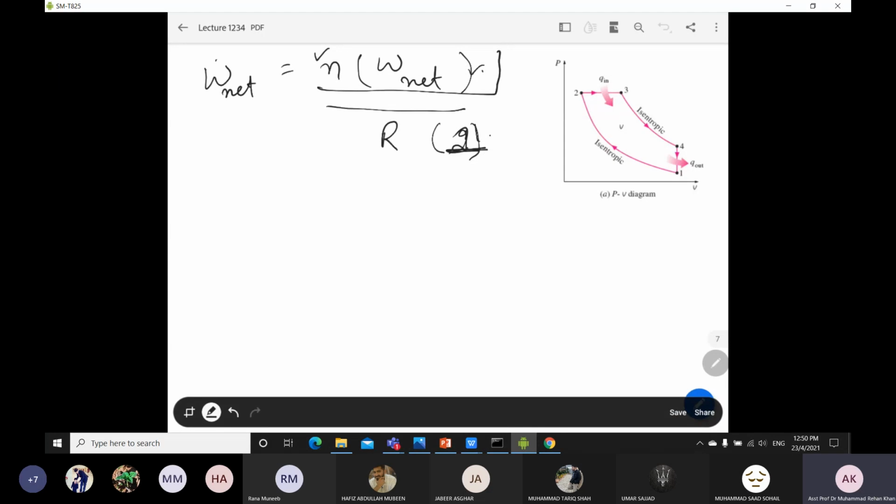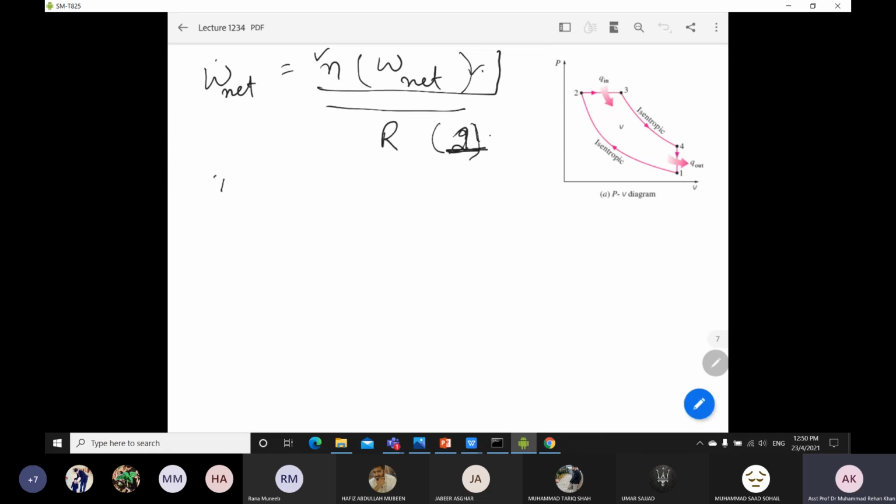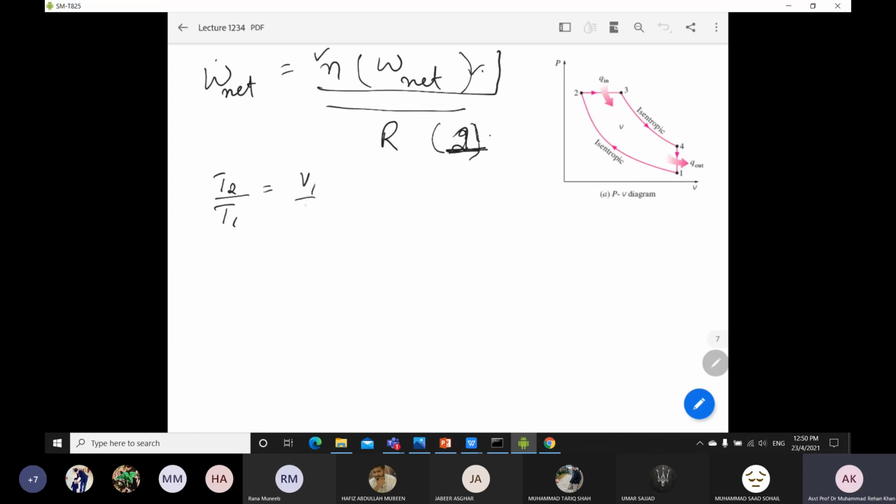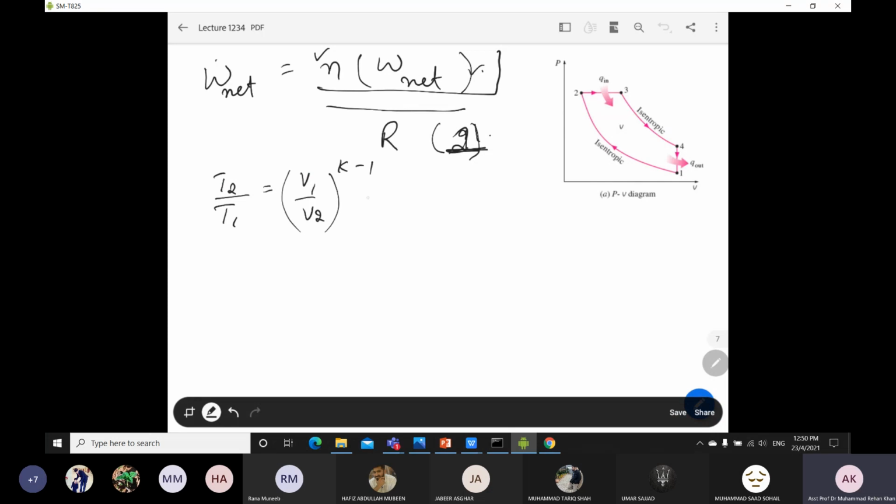Okay, so starting again, we have to find the temperature at all the states in order to find q in and q out. So we have to apply the isentropic equation for the isentropic process between 1 and 2, and it turns out to be v1 over v2 to the power k minus 1, because we are interested in finding the q in and q out.